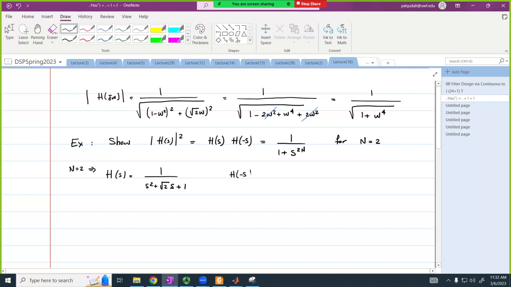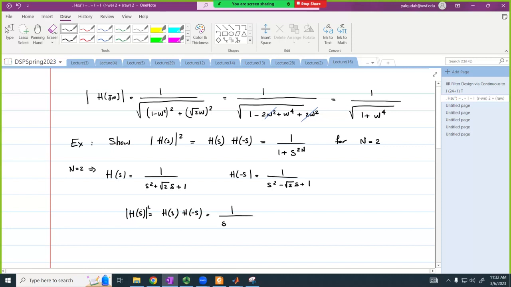H of negative s is going to equal 1 over s squared minus square root of 2 multiplied by s plus 1. And therefore, H(s) multiplied by H(-s)... Isn't it the absolute value squared equals that? Yeah, magnitude squared.